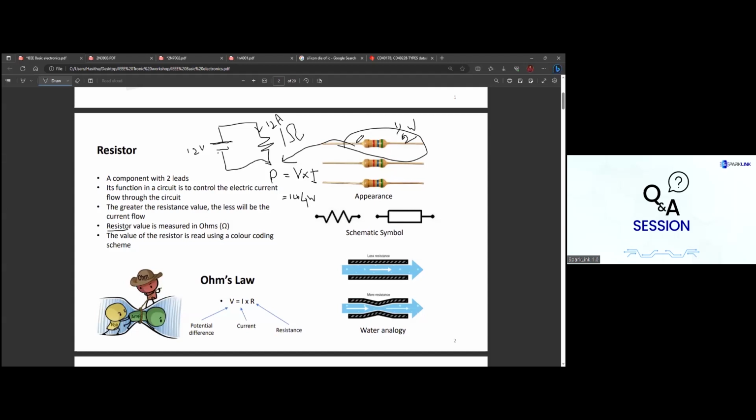Then we can use this resistor, but we cannot continuously use it for this type of high current. Therefore, we have to have a resistor which can safely dissipate 144 watts without damaging itself. So we cannot use a half watt or 5 watt resistor for this circuit.